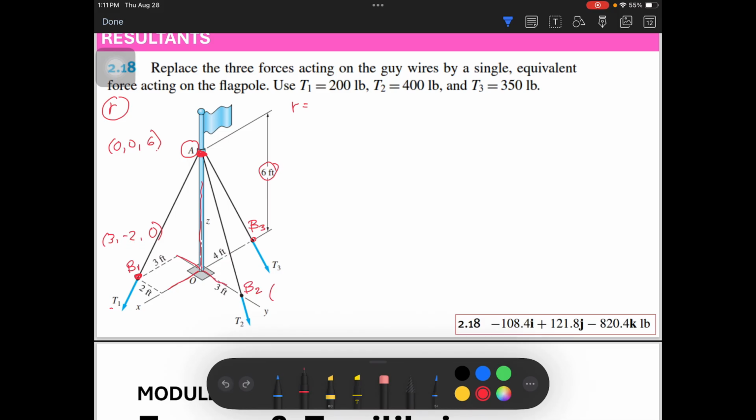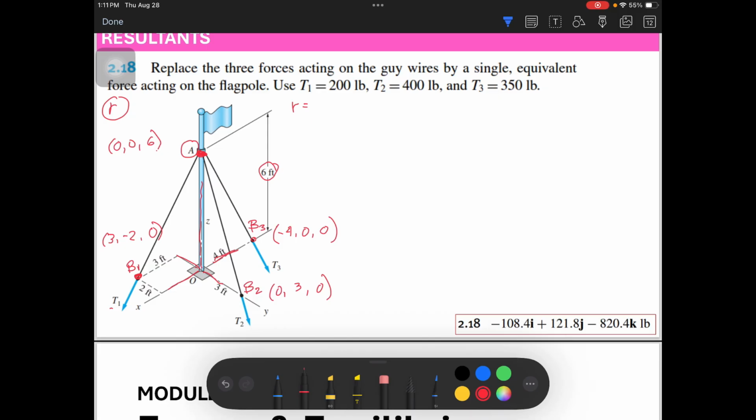Wala, no? So, wala. Meron ba siyang Y coordinate? Meron, and it's positive 3. Meron ba siyang Z coordinate? Wala din. So, for B3, ano ang coordinates niya? Meron ba siyang X coordinate? Yes. Nasa negative 4. Meron ba siyang Y? Wala din. And then, meron ba siyang Z? Wala din.